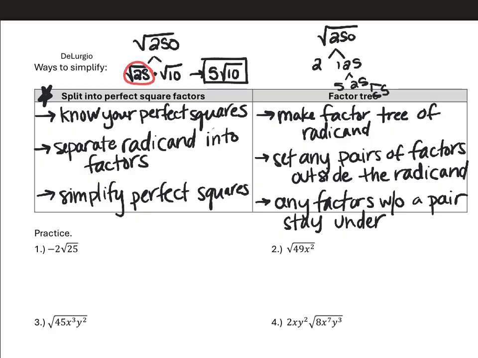So for this method, we have a pair of 5s. So that goes outside of our root. And then anything that is not with a partner just gets multiplied and stays underneath. So you get the same thing both ways. If you like the factor tree method and you use that, that's fine. That will work. It just depends which one you like more, which makes more sense.